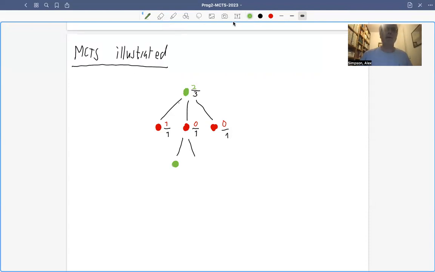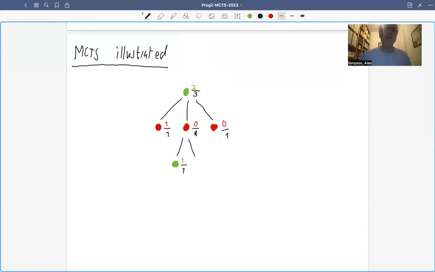And let's suppose the green won that game. So green has won that game, so it's won 1 out of 1 here.